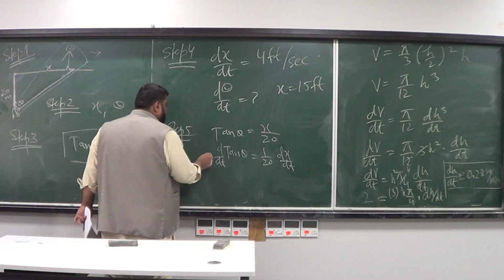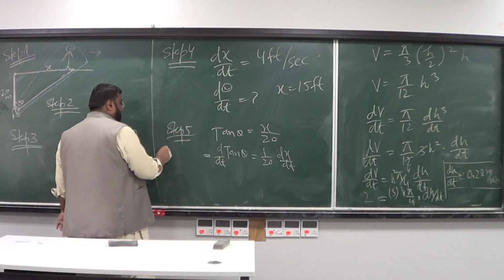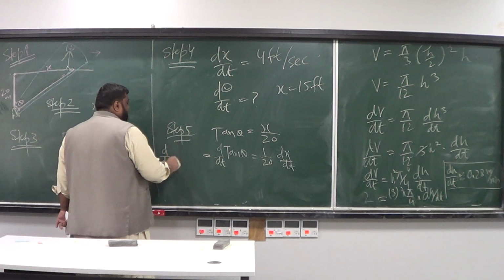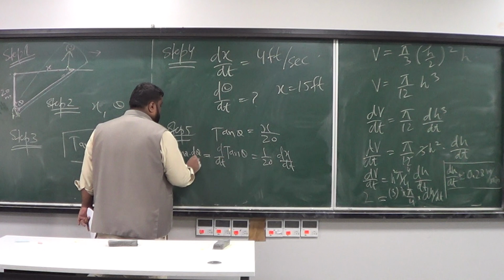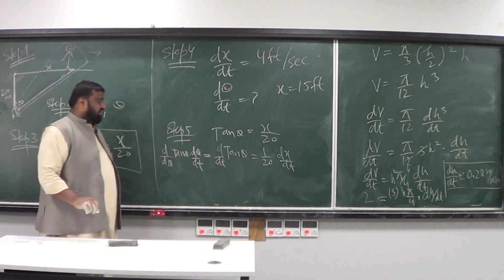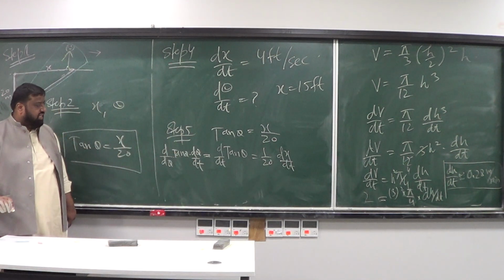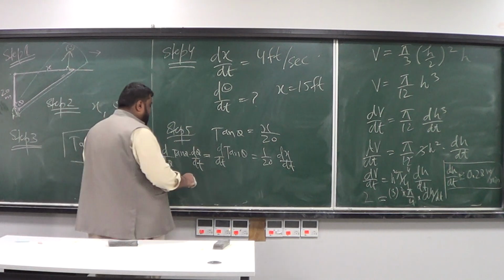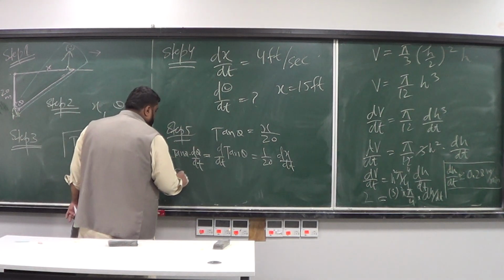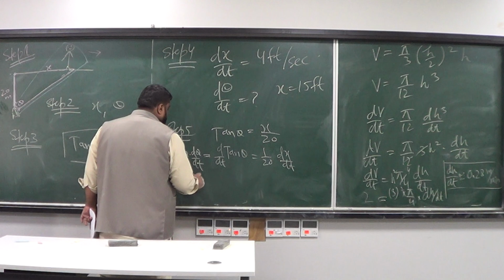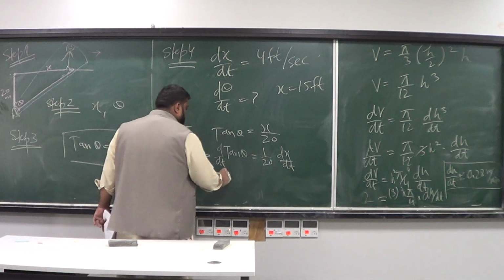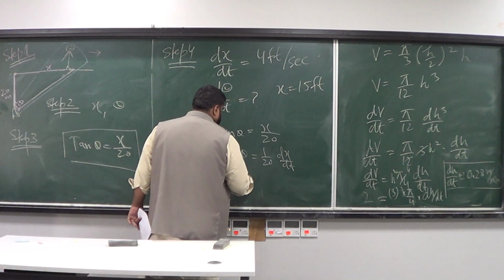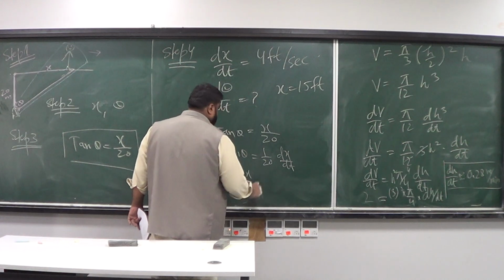On this, I can apply the chain rule: d by d theta of tangent theta times d theta by dt. From this, I get secant square theta d theta by dt equal to 1 over 20 dx by dt.